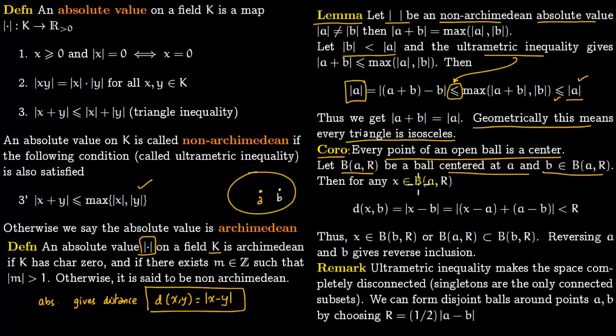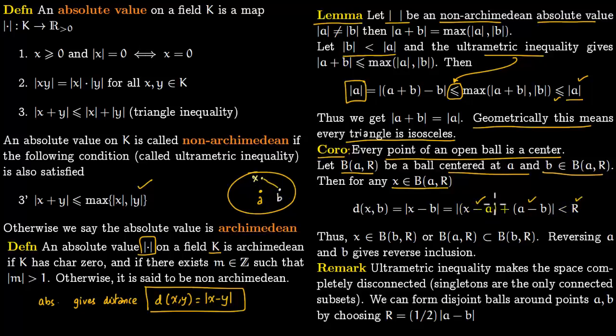Then for any x again in this ball, so you have another x in this ball, we have the distance between x and b. Now we are using the ultrametric distance. So this is the ultrametric absolute value, but you can rewrite it as |x minus a plus a minus b|. Now both of these would be less than r, because all these three lie in a ball of radius r.